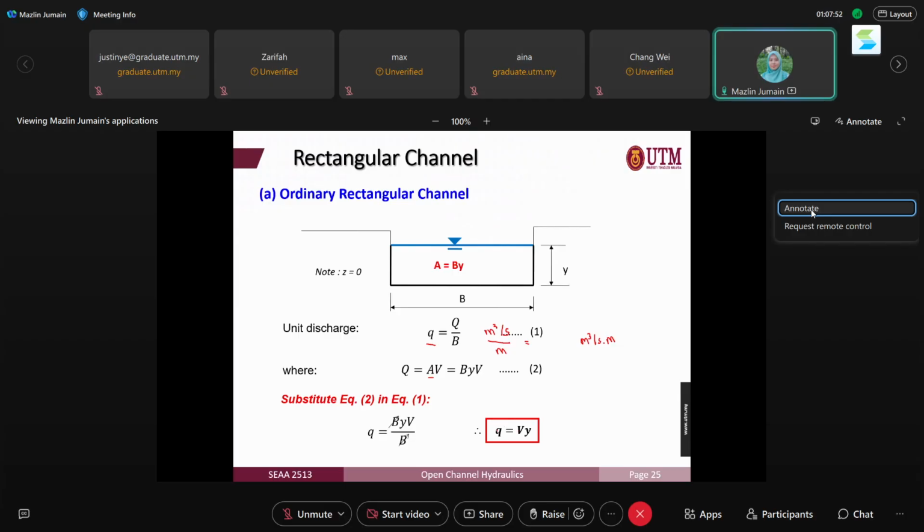So you can get this equation: q equal to Vy, the velocity times Y, the flow depth. Okay? Boleh?